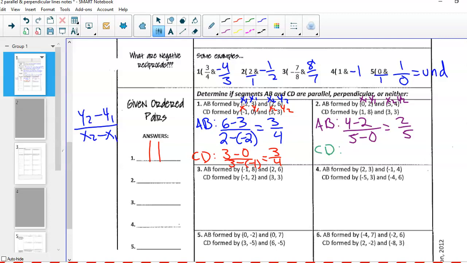And then you're doing the same thing for CD. So this one's going to be 3 minus 8 over 3 minus 1. What's your slope for CD? Negative 5 over 2.